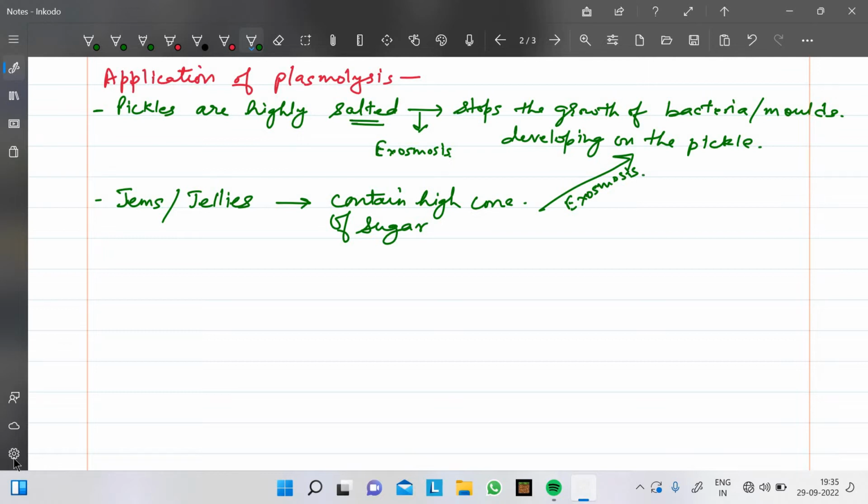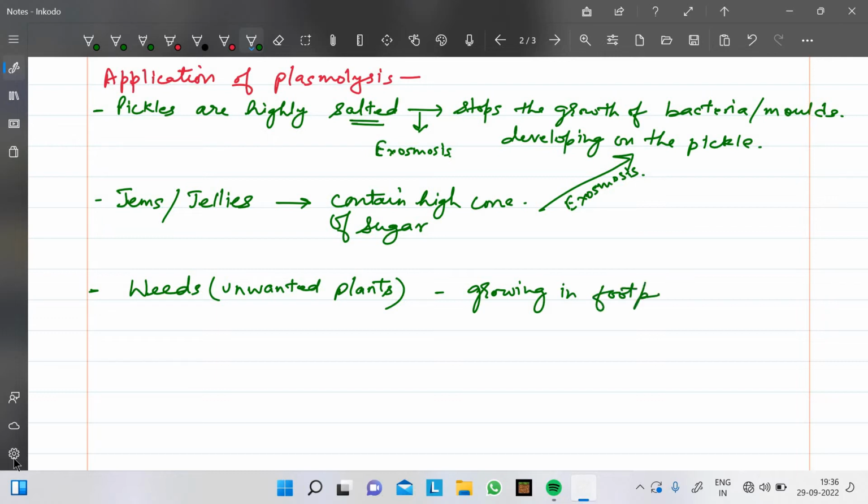Clear? What else can it be used for? Weeds, meaning unwanted plants, that grow in pots, in lawns, or in footpaths. If we want to remove the weeds, what are we going to do?